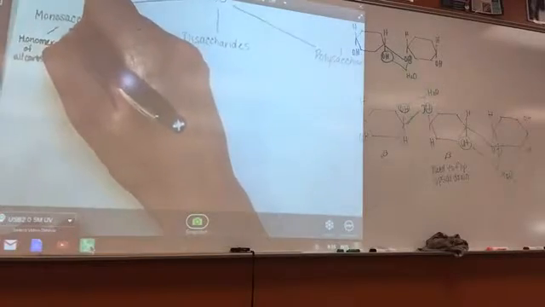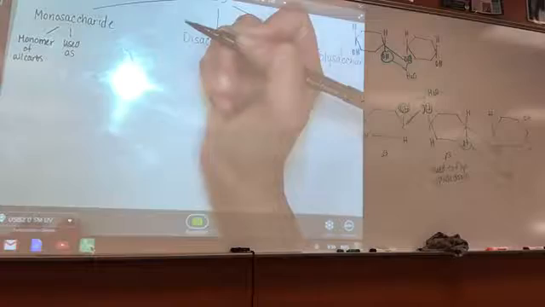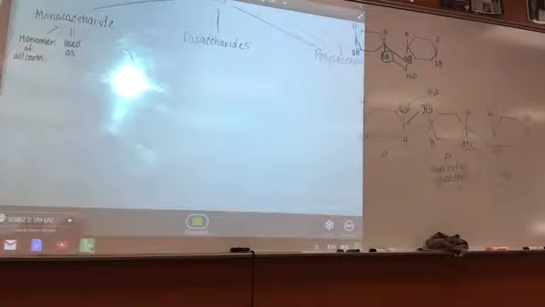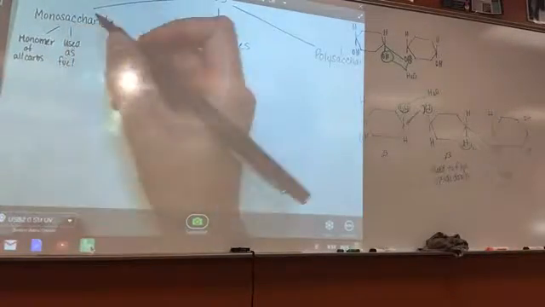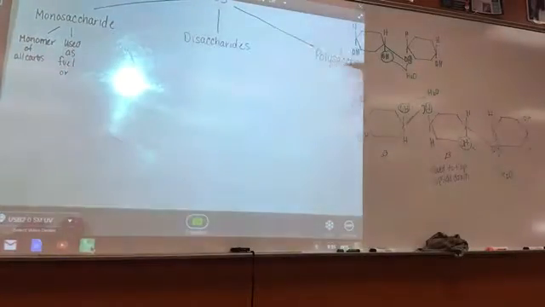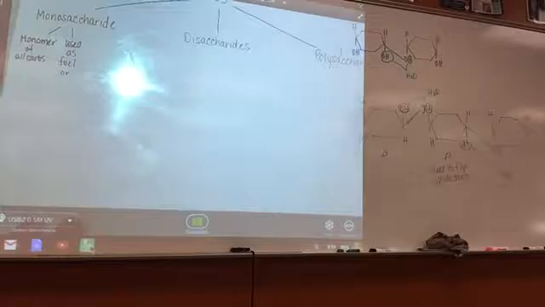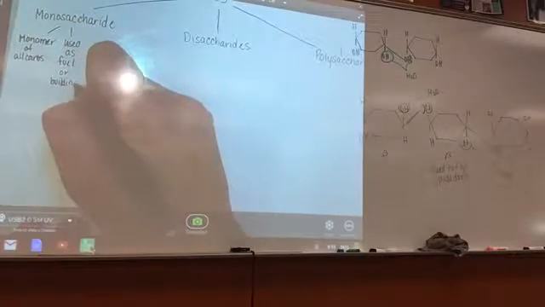Monosaccharides, they're used as what? What's the function? Fuel. They're used as fuel. And the second function has to do with the polysaccharides. They could also be building blocks for structure.